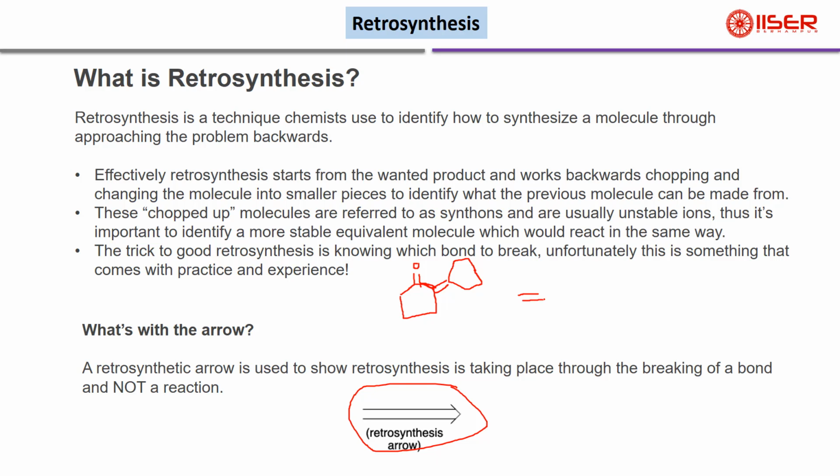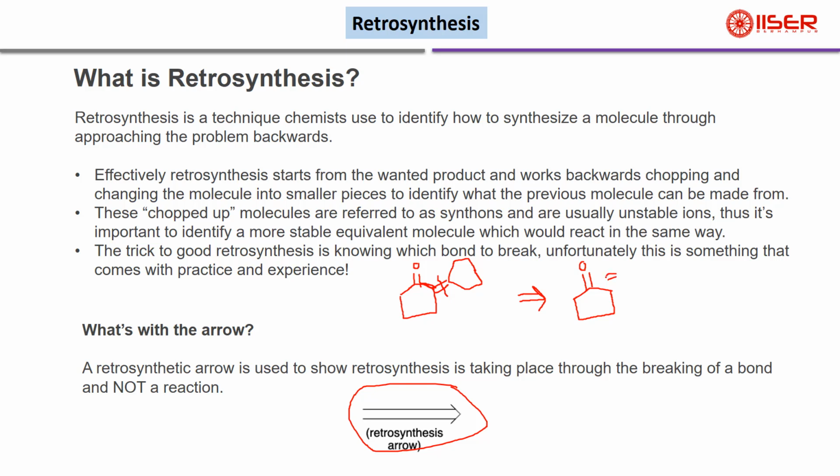Whenever you see any kind of functional group, we will target that. So here there is a keto group and there is an alkene group. If we just break this alkene, there are two bonds broken.